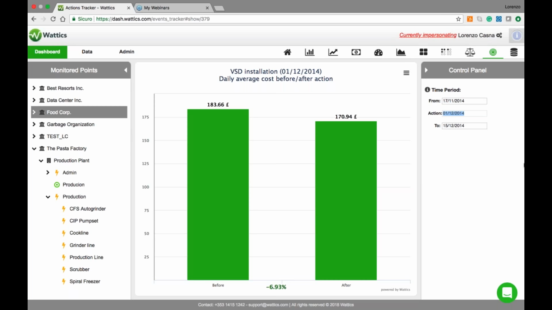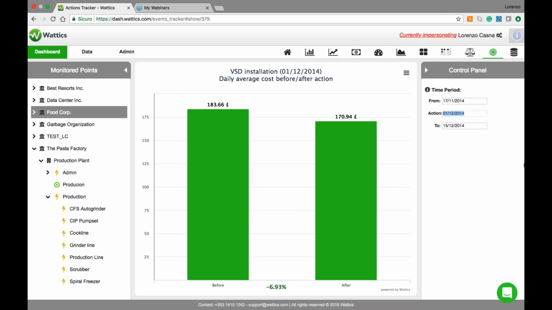So the big difference, I would say, between this tool and the MMV is that here we cannot relate the energy conservation measure to anything other than the date on which it gets implemented.